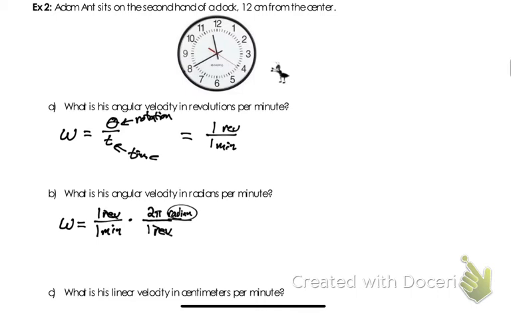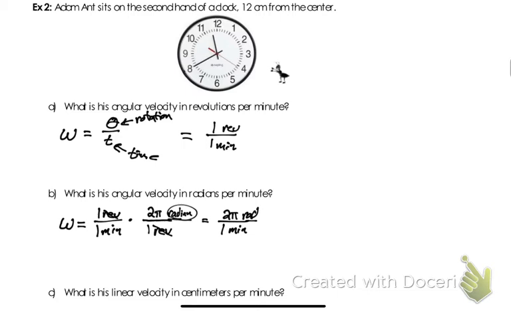That means our revolutions cancel out, and we now have 2 pi radians per 1 minute. You do not need to write those radians, because once you see the 2 pi, you're already in radians, obviously.